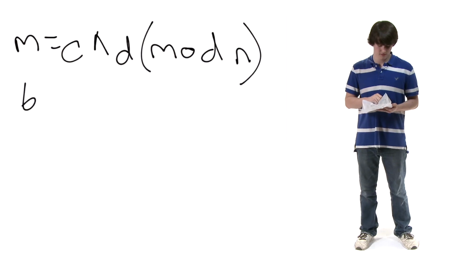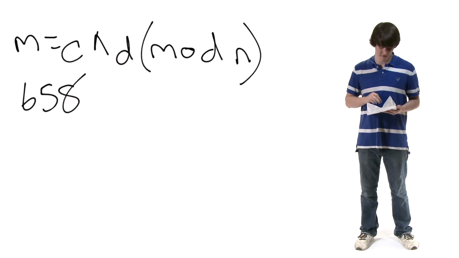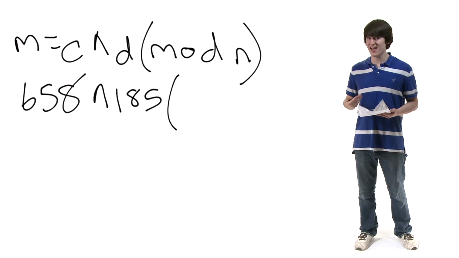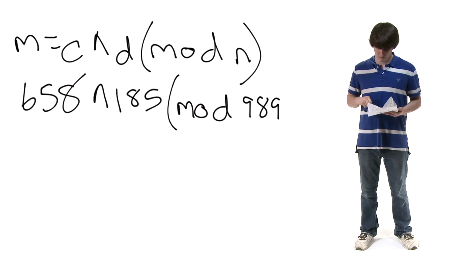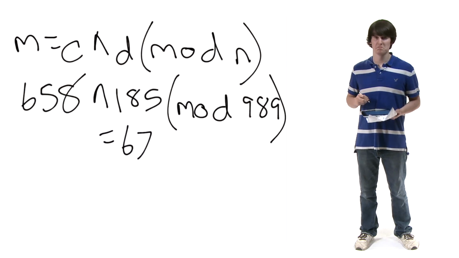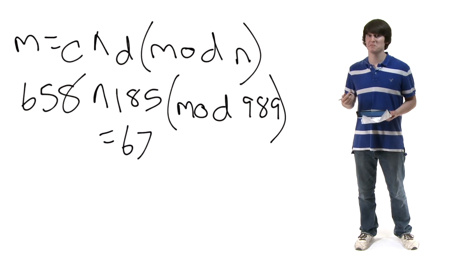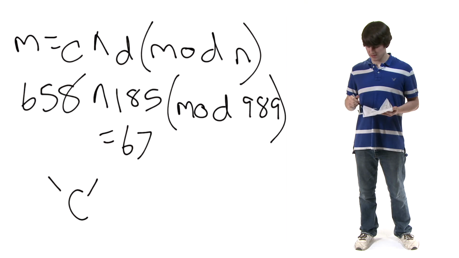The first chunk, 658, we raise to the dth power, which is 185, mod n, which is 989, is equal to 67, which is the letter C in ASCII. Now on to the second chunk.